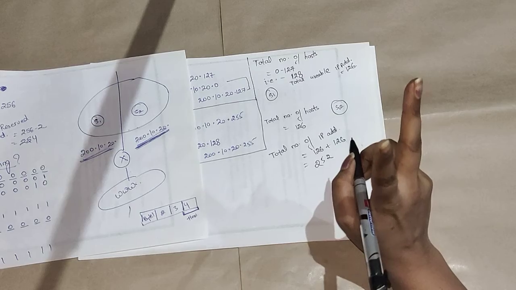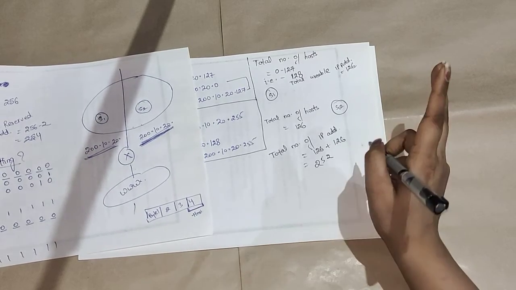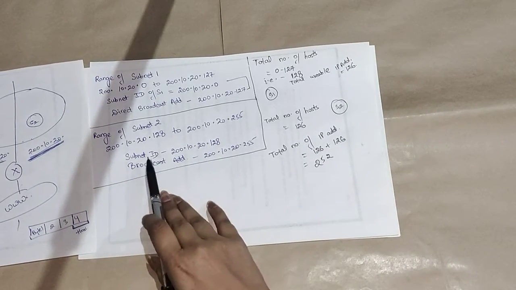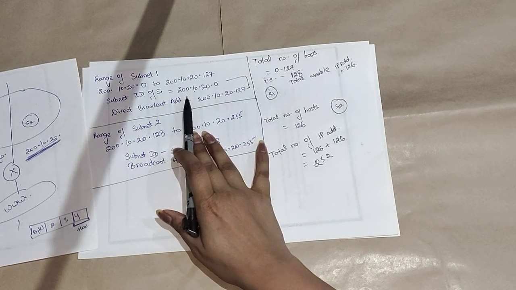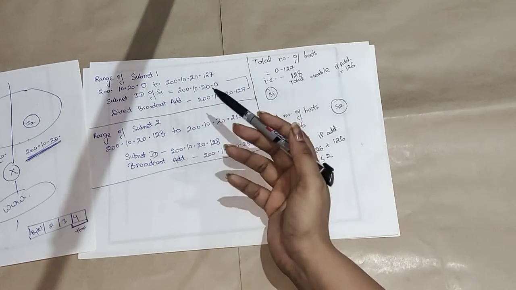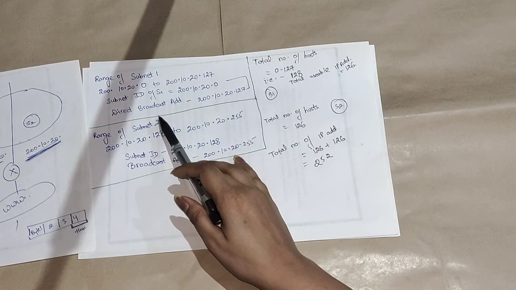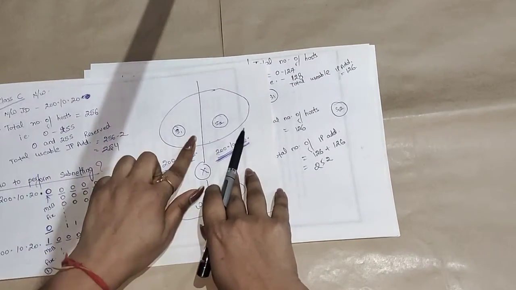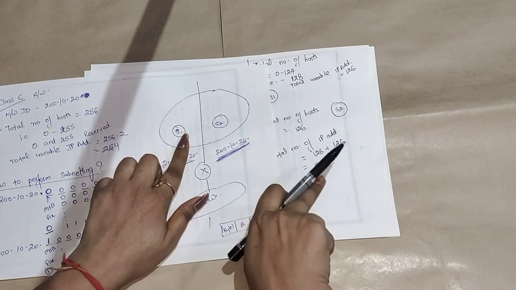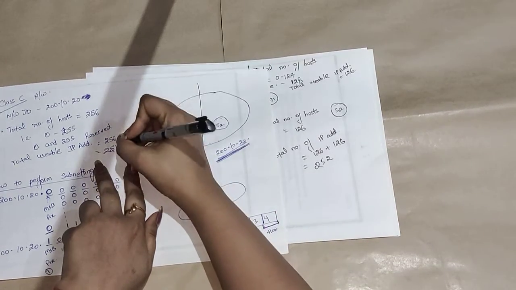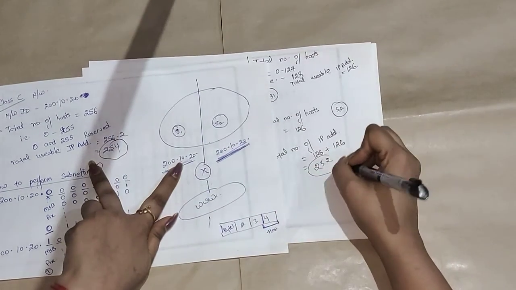Why? Because 2 IP addresses per subnetwork are reserved as the subnet ID, or you can say the network ID of subnet 1 or subnet 2, and one is the broadcast address. So total usable IP addresses in this network after performing subnetting is 252, and before subnetting it was 254. I hope you can figure out the difference. Okay? Clear?